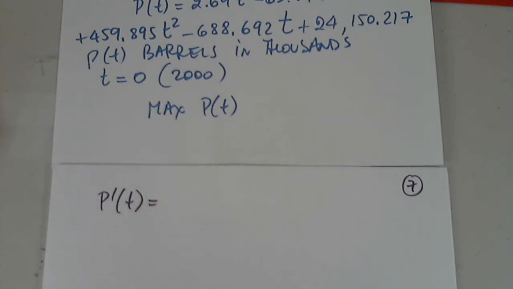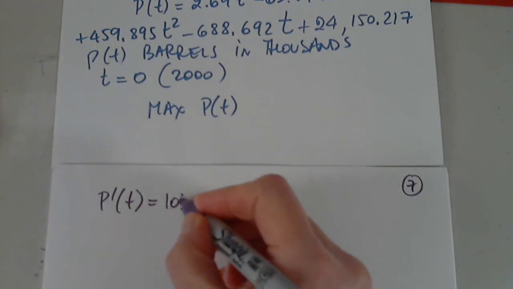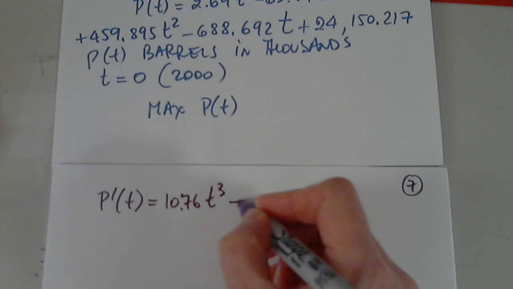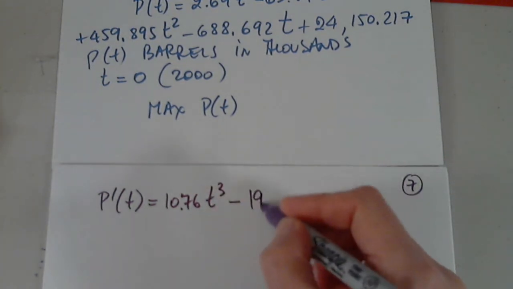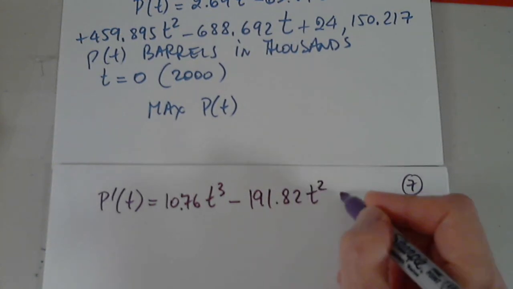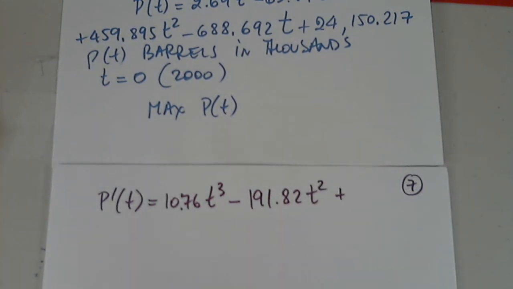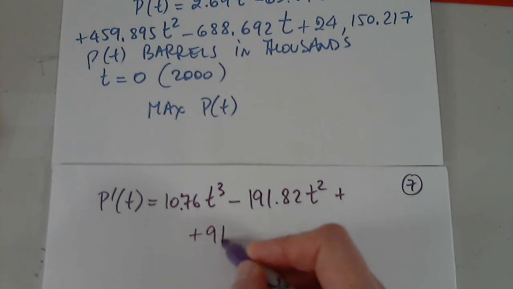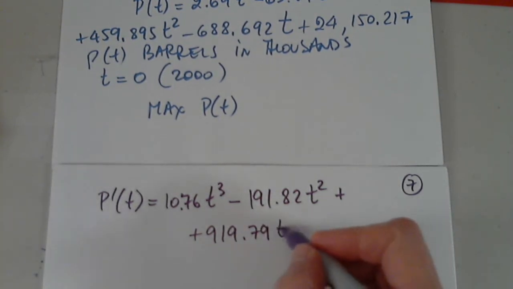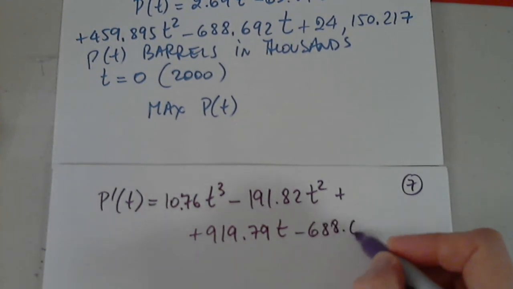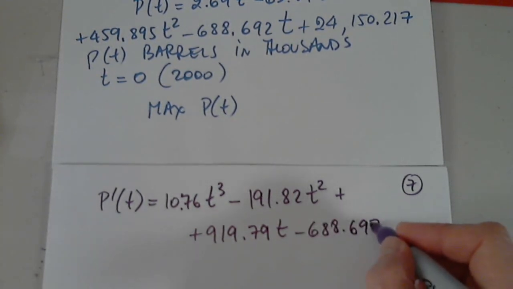So 2.69 multiplied by 4, 10.76 t to the third, minus 63.94 multiplied by 3, 191.82 t squared, plus 459.895 multiplied by 2, 919.79 t, and minus 688.692.